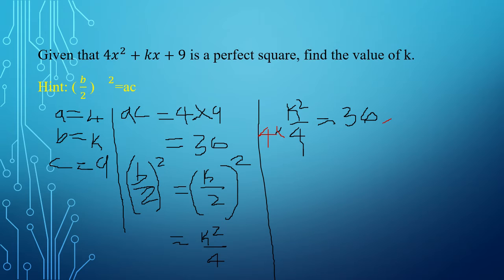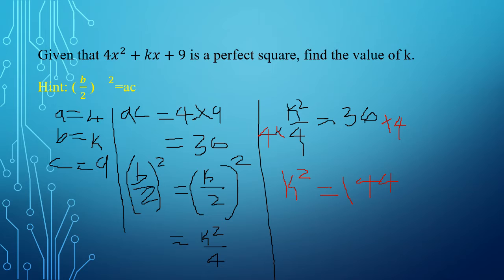Multiply 36 by 4. And what do you get? 4 cancels 4, and you get that k squared is the same as 144.